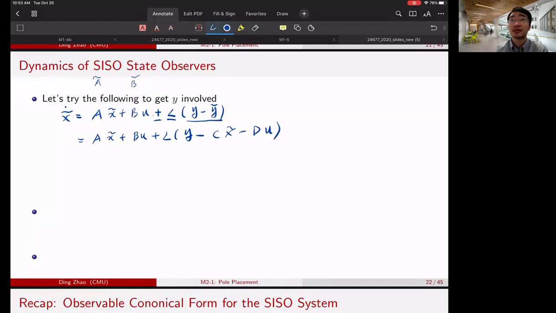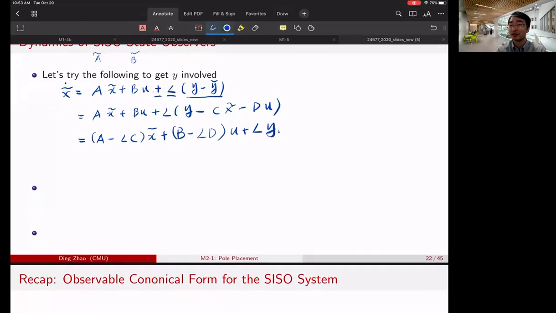Then we can do another derivation. So that will be A minus LC times x tilde plus B minus LD times u plus Ly. This is just some linear algebra.